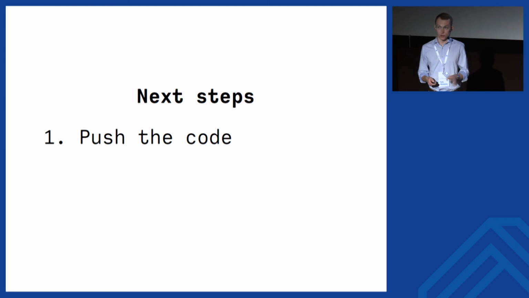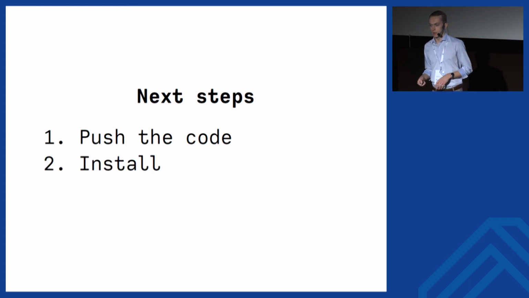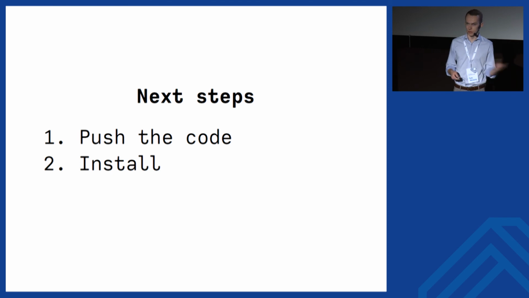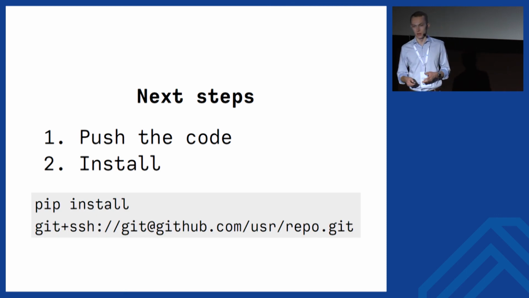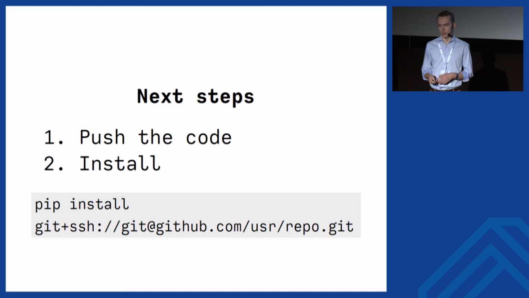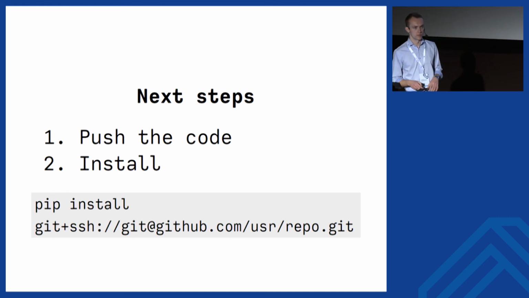And once you do this, and assuming that users have access to this repository, they can simply install it with pip install. So for instance, if we pushed our code to GitHub, to some private repository, it could look like this, pip install.